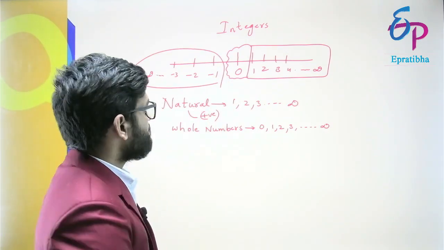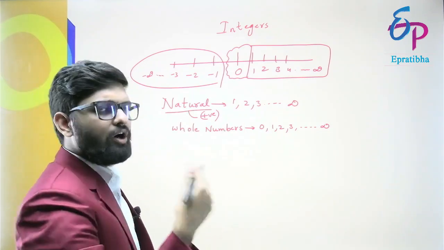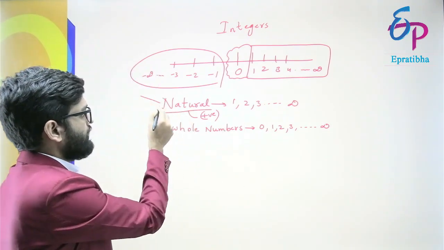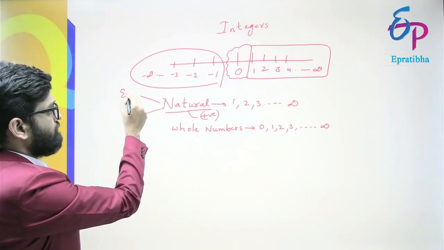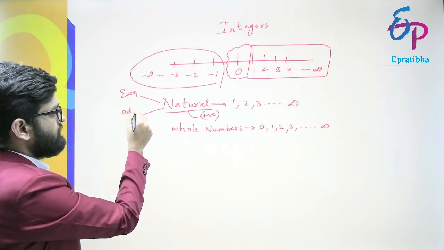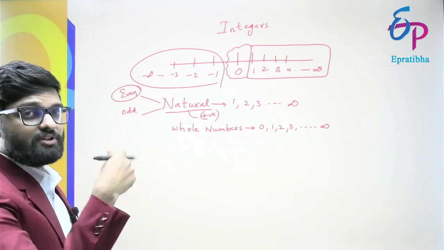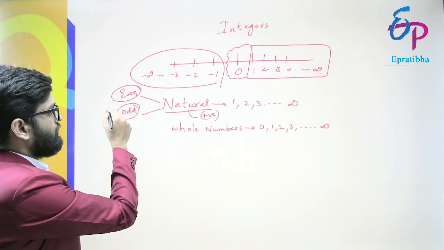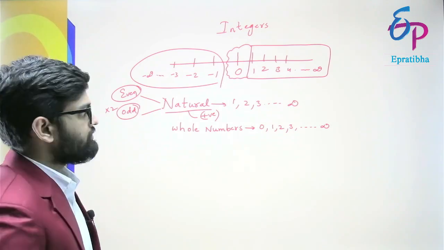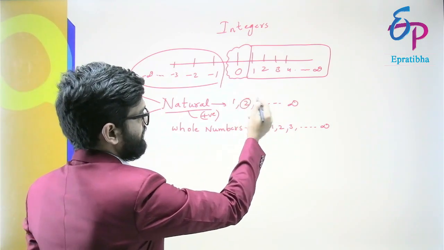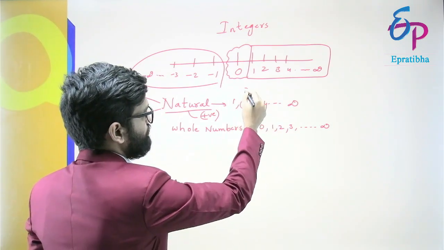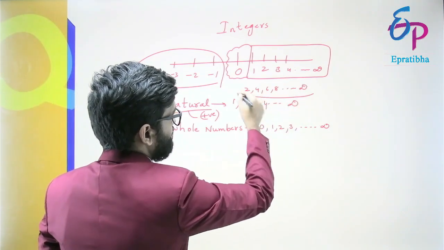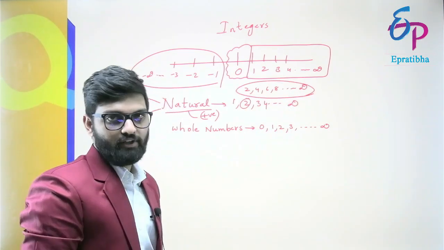So what are odd numbers, what are even numbers? Natural numbers are divided into two types: even numbers and odd numbers. Generally, even numbers are those numbers which are divisible by 2. Odd numbers are those numbers which are not divisible by 2. If you take every alternate number, 2, 4, 6, 8, and so on to infinity, we call these even numbers.